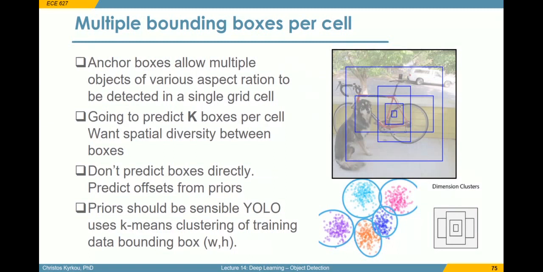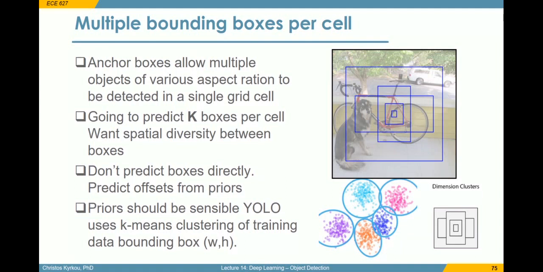So basically, they used the k-means clustering algorithm to identify the most common aspect ratios and scales of bounding boxes in the VOC class, and they used those as anchors for setting up their prediction.